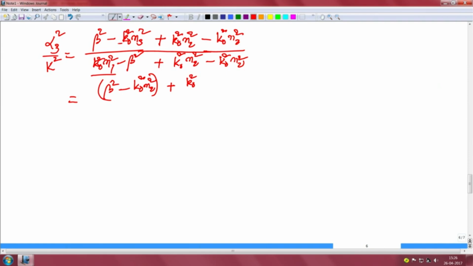Beta square minus k0 square n2 square has come here, and this k0 square n2 square minus k0 square n3 square.